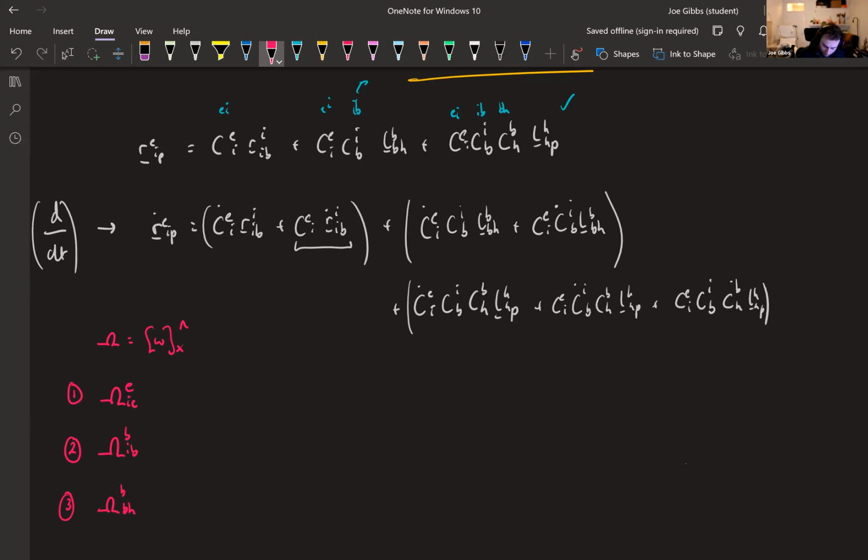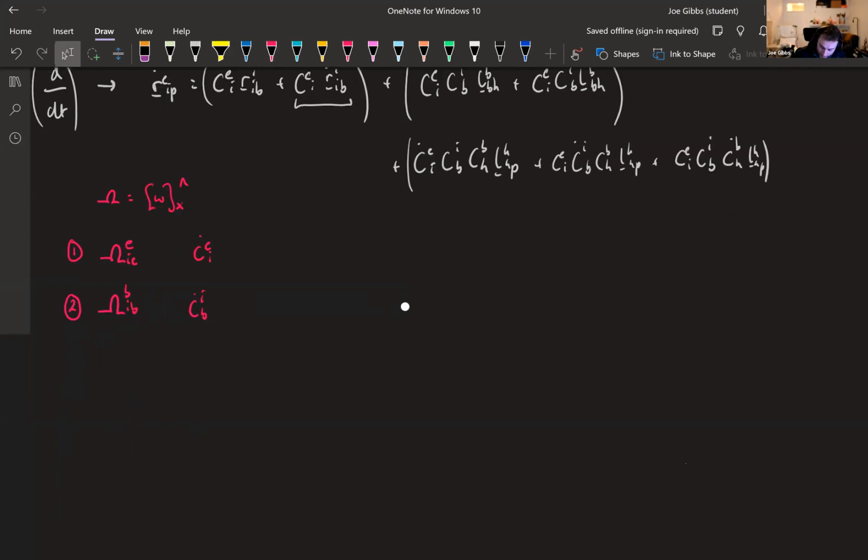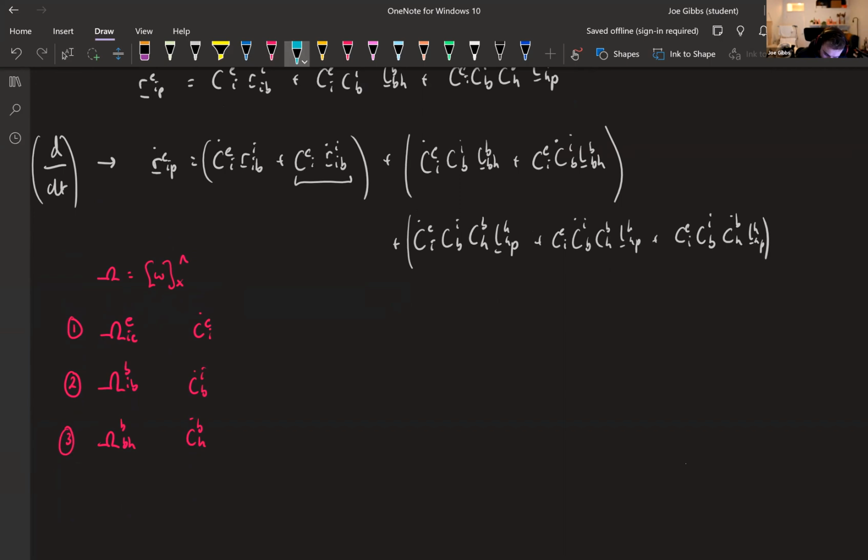Similarly, if we look through, we have a C dot EI term, a C dot IB, and also a C dot BH, just on the far side over here. So we need to look through the strap-down equation and see what forms we get from this. To save time, we have the first one we used last question.